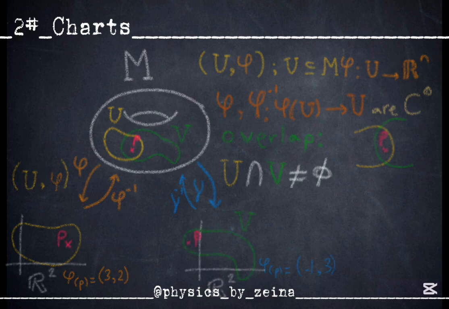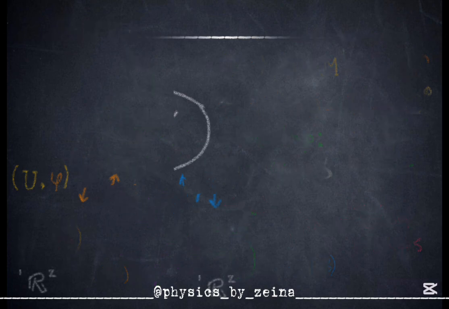However, they have different coordinates, but they are all considered true. We can switch between these maps, and the conversion from chart map 1 to chart map 2 is called a chart transition map. To switch from map 1 to map 2, we do gamma after inverse phi. And from map 2 to map 1, we do phi after inverse gamma.